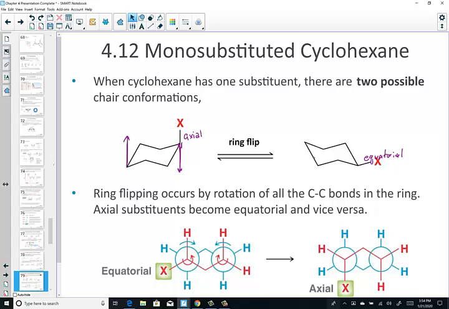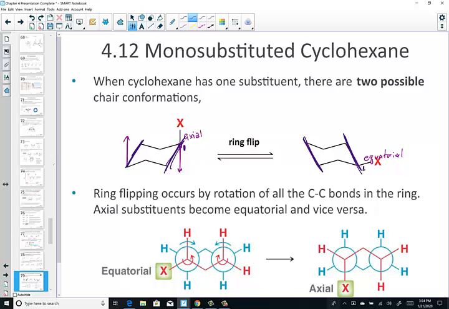Notice how now our set of parallel lines has switched. The parallel lines that we drew originally were parallel in this direction, but in a ring flip, they're now going in the opposite direction. What was carbon 1 up high has been pushed down. Here's the location now of carbon 1.